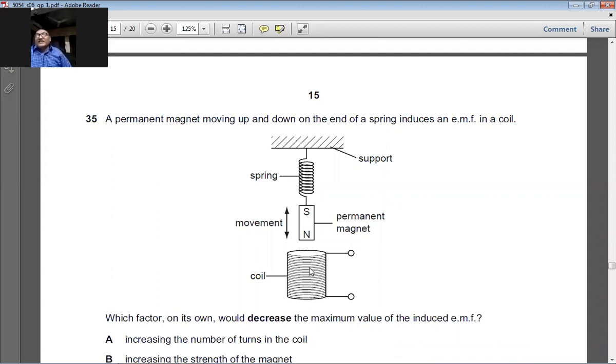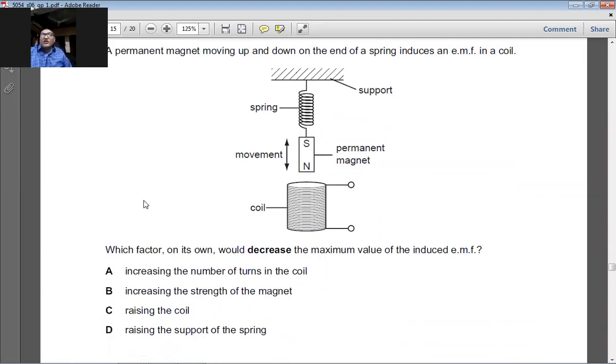So when this magnet moves up and down, in this coil the EMF will be induced. And why will the EMF be induced? Because when this magnet moves up and down, the magnetic lines coming out of this magnet will pass through this coil. So when the magnetic lines pass through, this coil will also become a magnet. It will start behaving like a magnet.